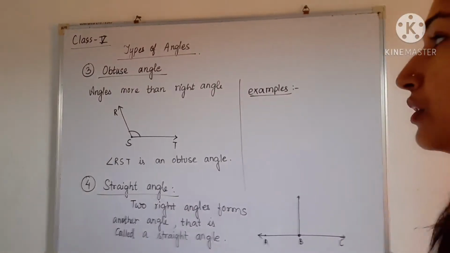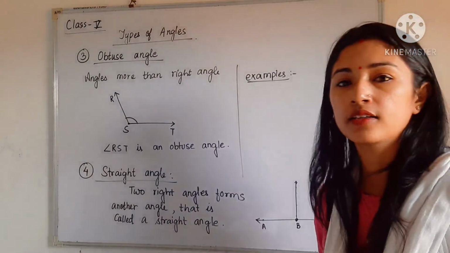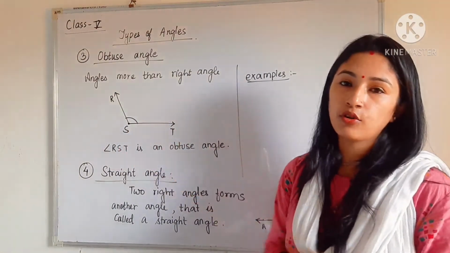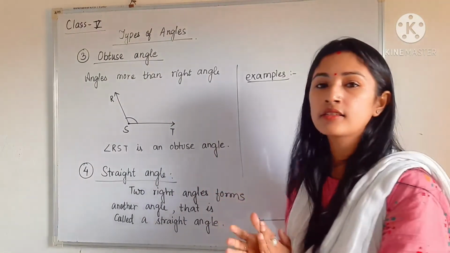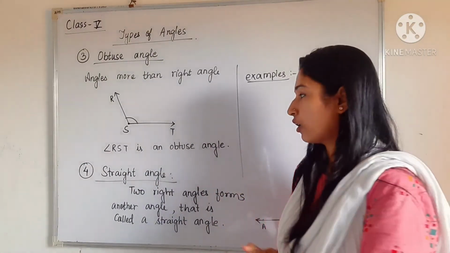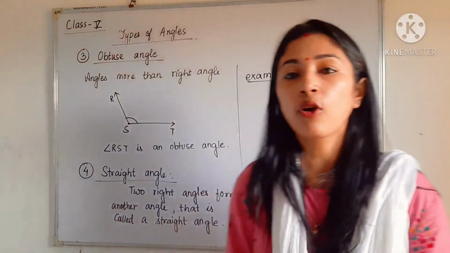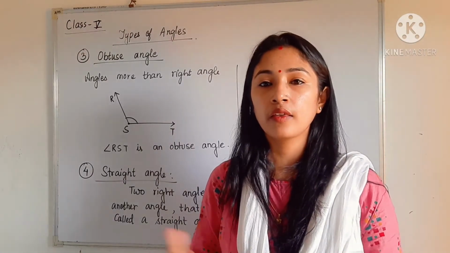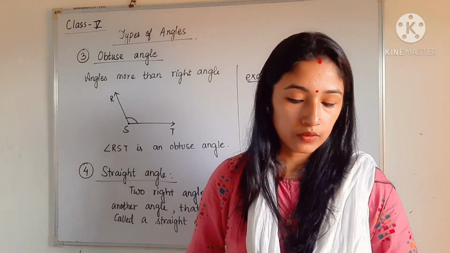So the next, number 3, is obtuse angle. Angles which are more than a right angle are called obtuse angles. You can see this is the diagram for an obtuse angle. The name of this angle is angle RST, that is an obtuse angle. Where have you seen an obtuse angle? You can form it using 2 pens or pencils. And there are many objects like a kite.